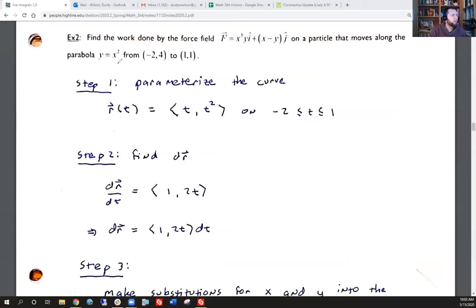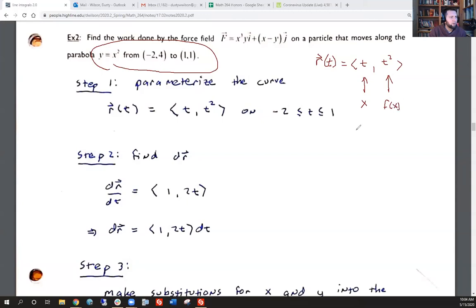So again, the punchline here is that since we were given a function y equals x squared, we parameterized our curve with r of t equal to t comma t squared. This was because the t represented our x, and t squared would be f of x.